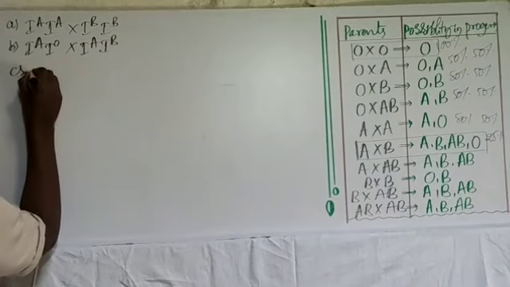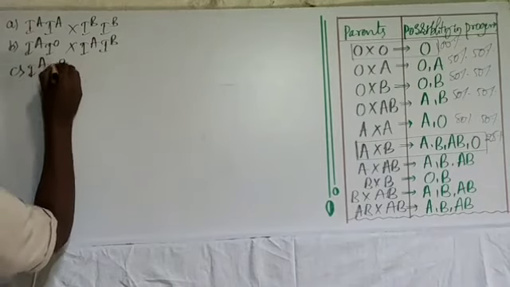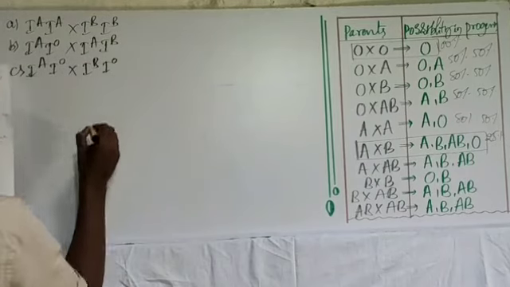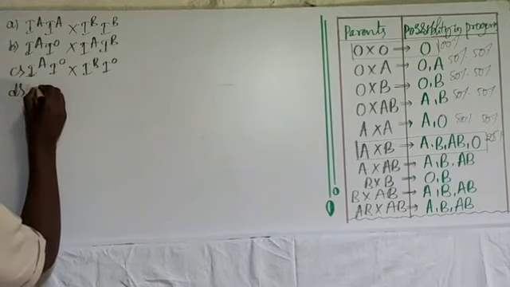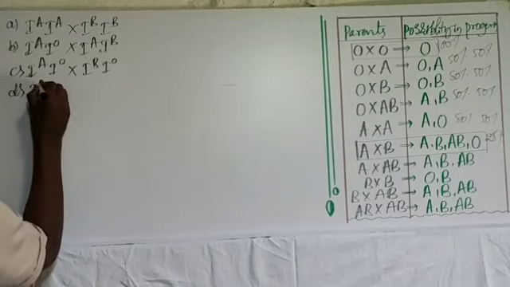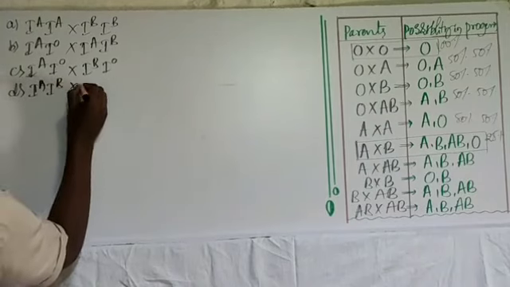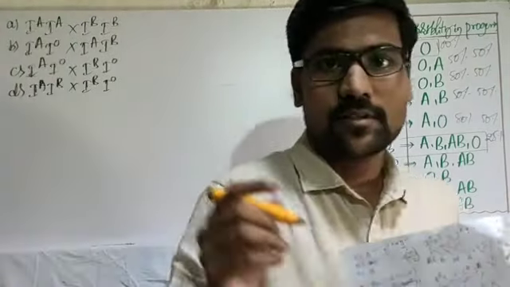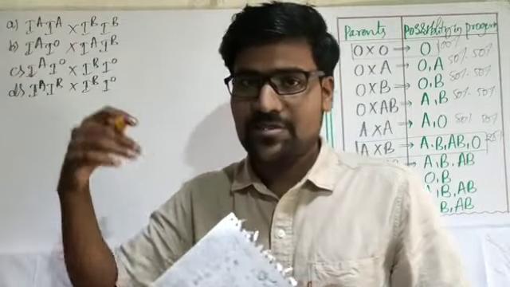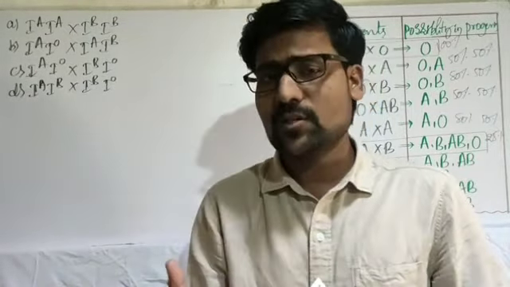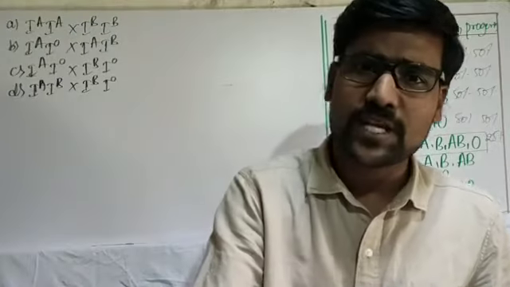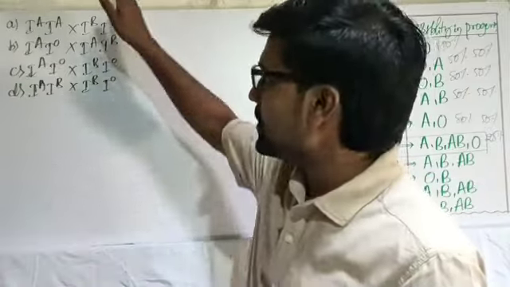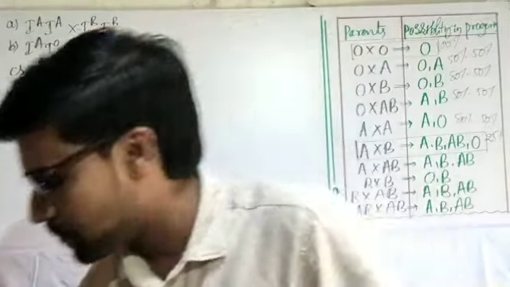Third option, IO cross IO. And the fourth option, IB cross IO. So for that question, if they give the options like this: children are there, their blood groups do not match with their parents. Then what are the probable blood group types in the parents? This is the question, and for this question we have 4 options here.